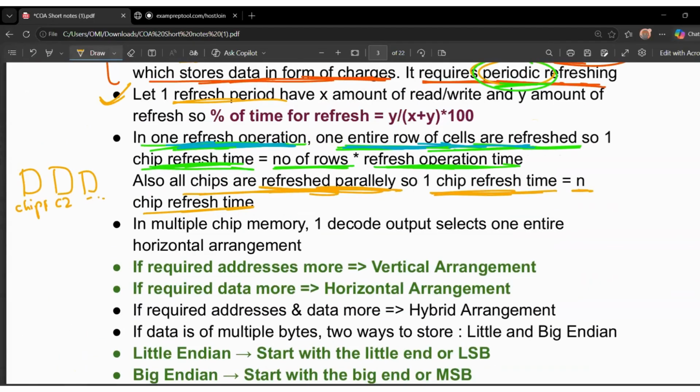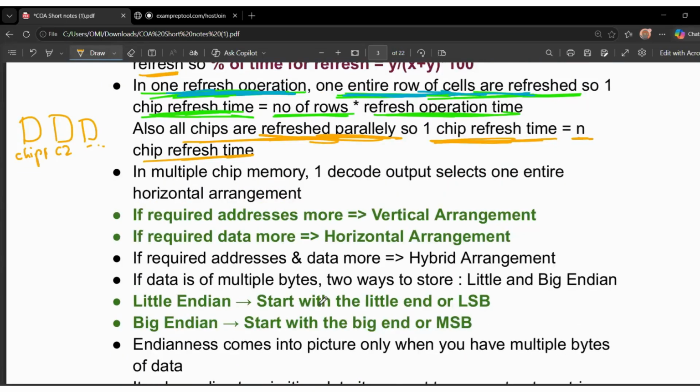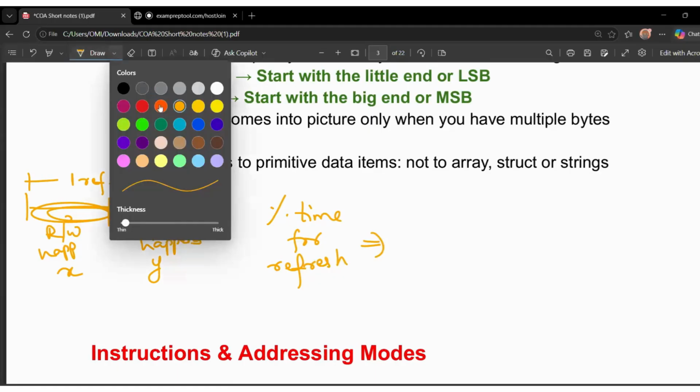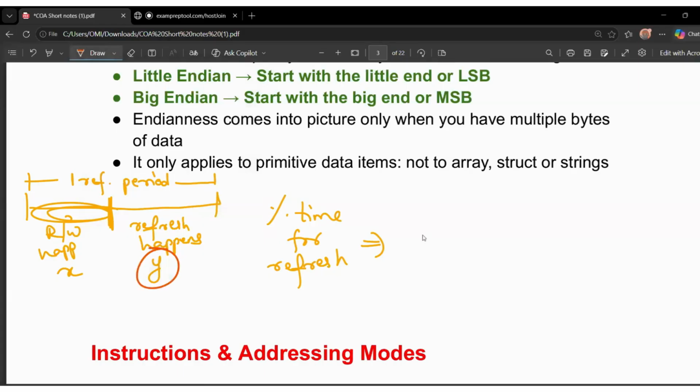So here it is written that in one refresh period we have X amount of read and write and Y amount of refresh. So what is the percentage of time for refresh? It is how much time refreshing happens, Y, divided by the total time, X plus Y, into 100%.